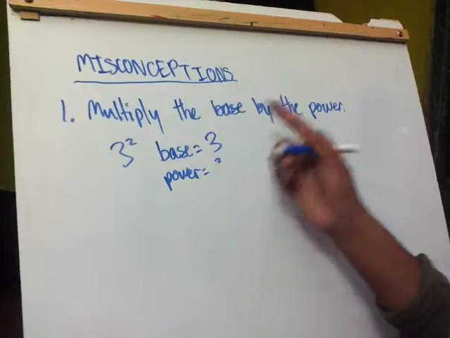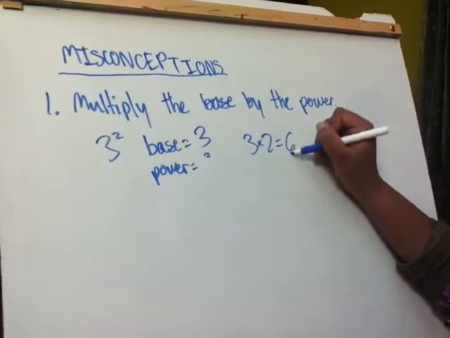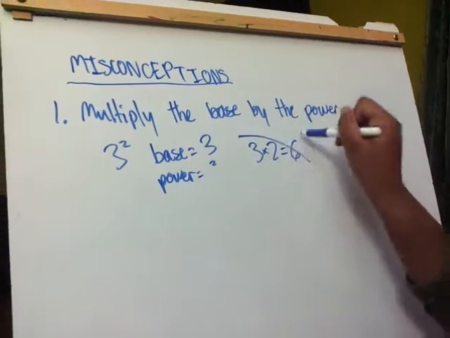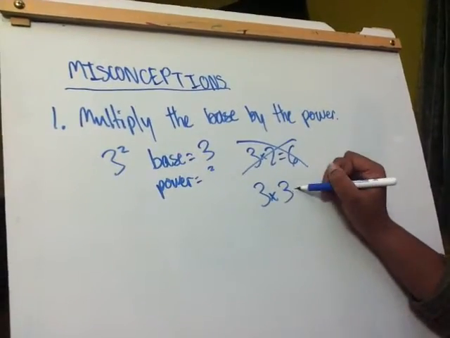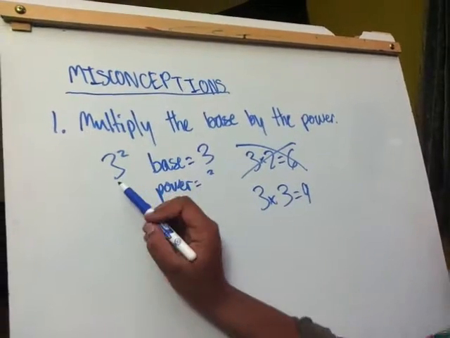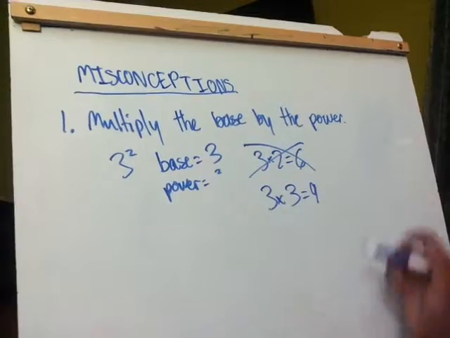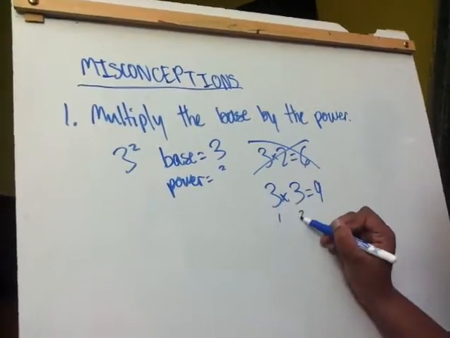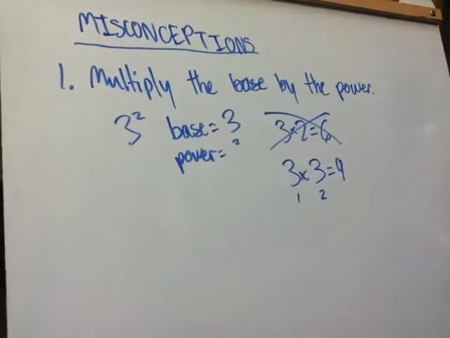So basically that's saying 3 times 2, which is 6. But actually, that is incorrect. It would be 3 times 3 equals 9. You have to multiply 3 by itself that many times. So 1, 2, 3, 3 equals 9. That's one misconception.